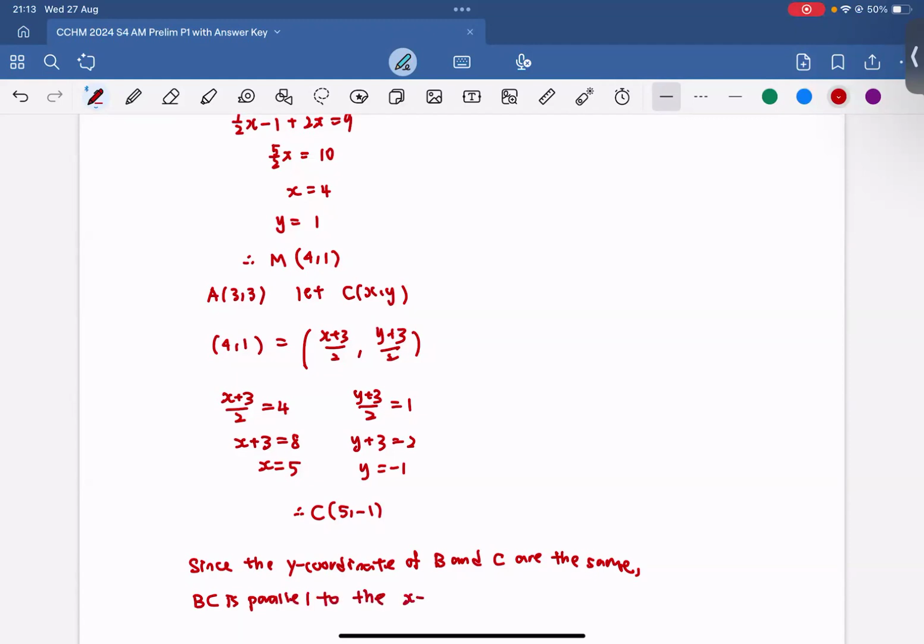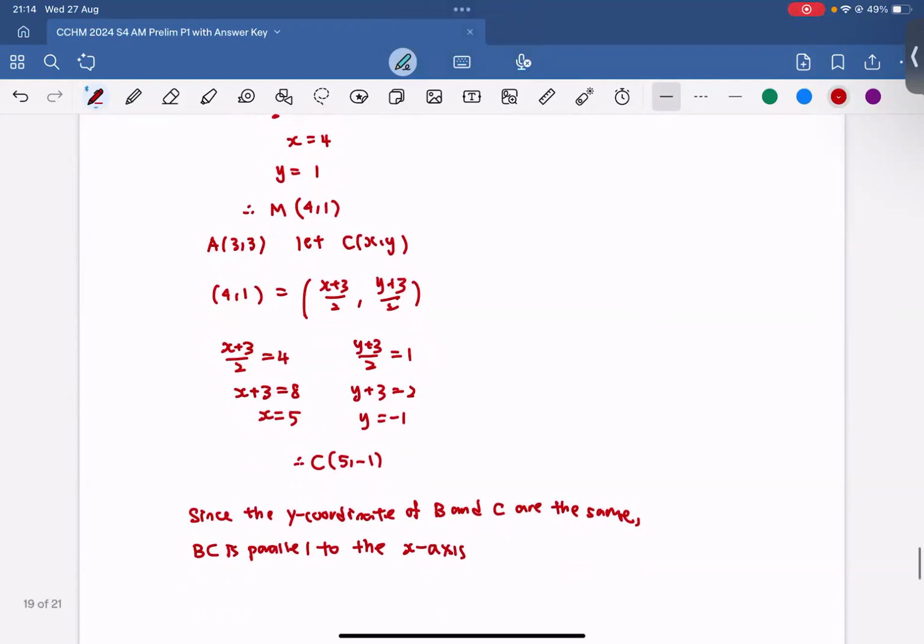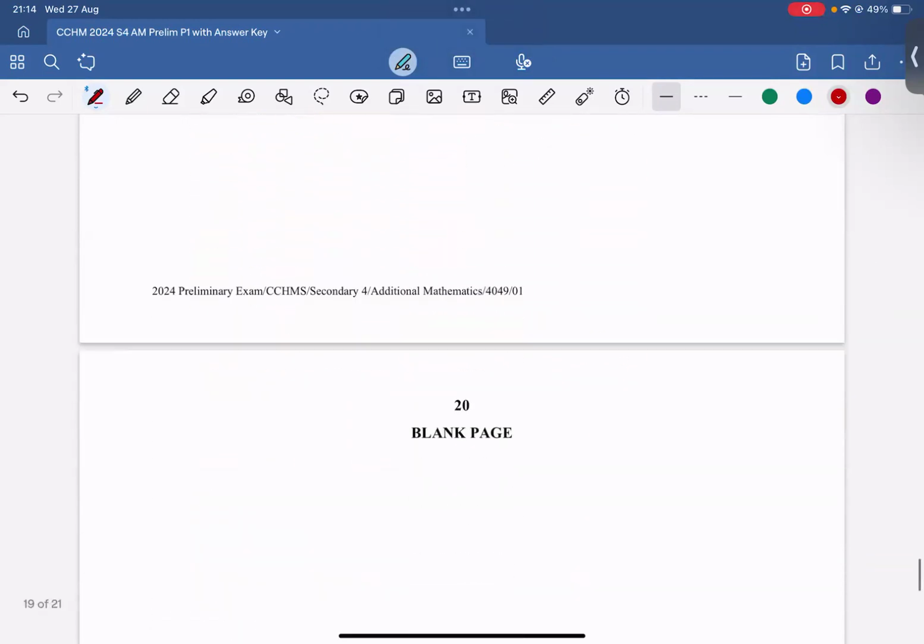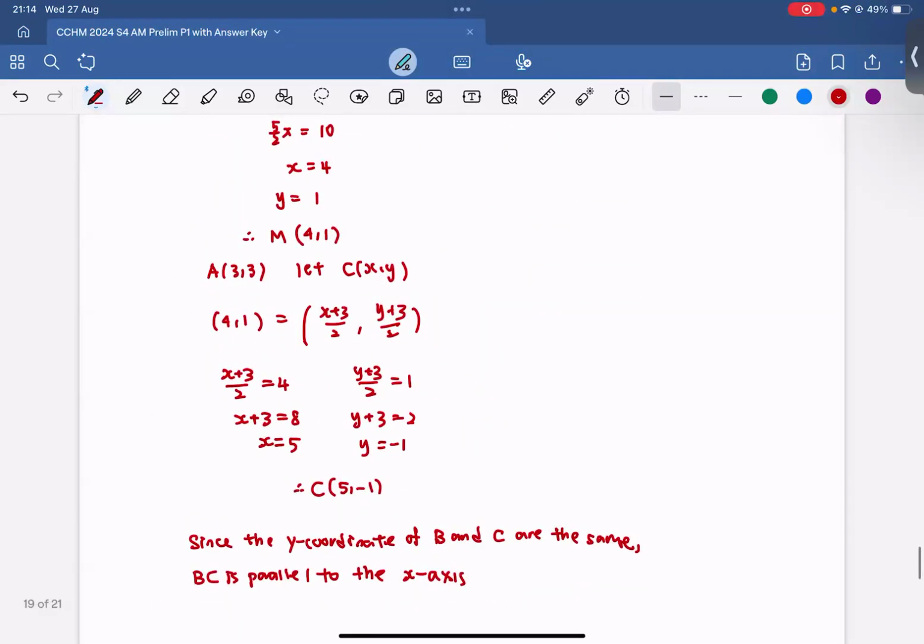If you want, you can also find the gradient and show that the gradient is 0. That will take a little bit more time. That's all. Okay, that's the end. This is not a difficult page.